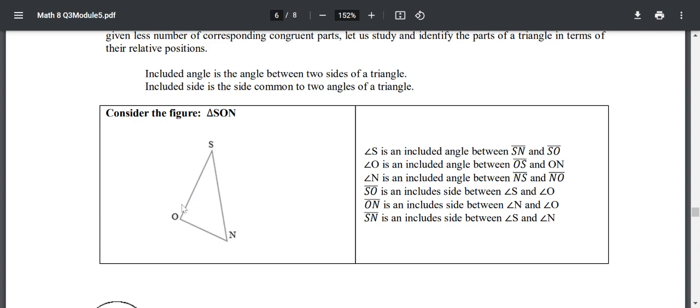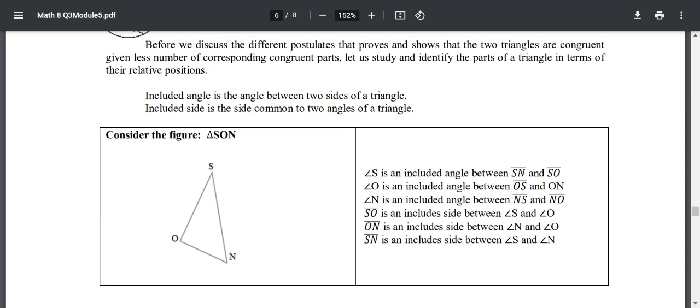So that means side SO is an included side between angle S and angle O. The same with side ON. This is an included side between angle N and angle O. And then lastly, side SN is an included side between angle S and angle N. So that's how you determine the included angle and the included side.